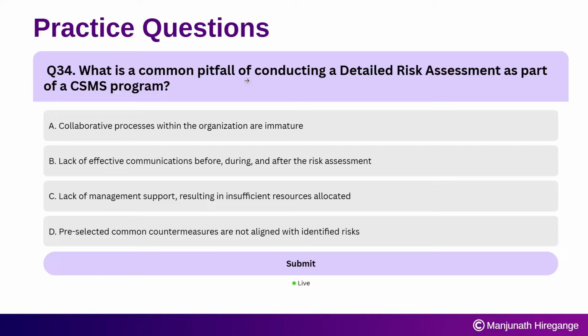So please remember this particular chart is very important. And also remember, for each block like initiate CSMS, you will have a common pitfall. I have taken one pitfall as an example in this question, but you can expect any of the common pitfalls from any of these six blocks.